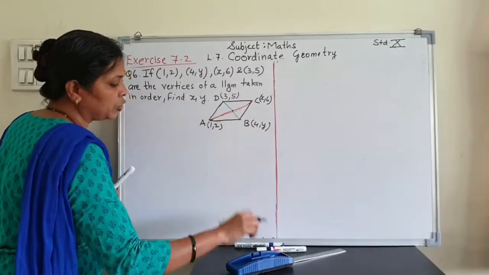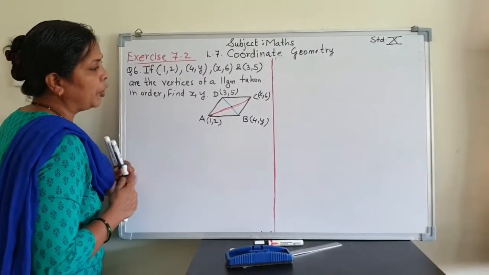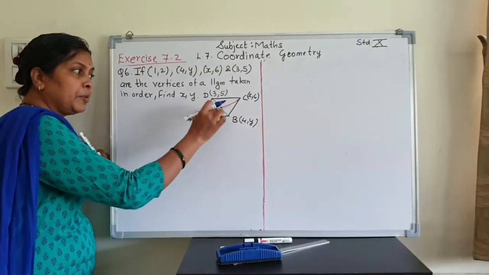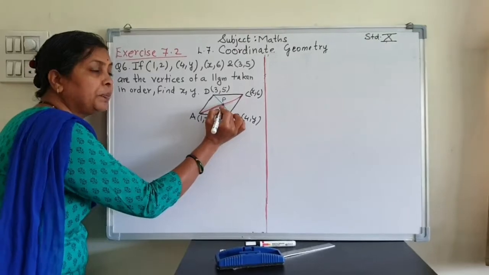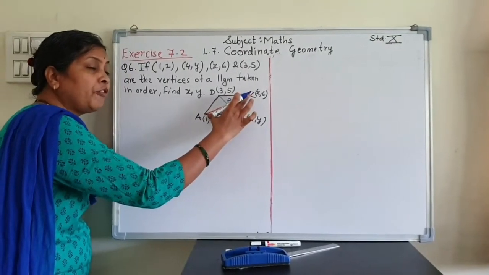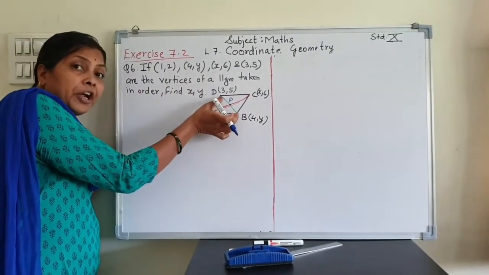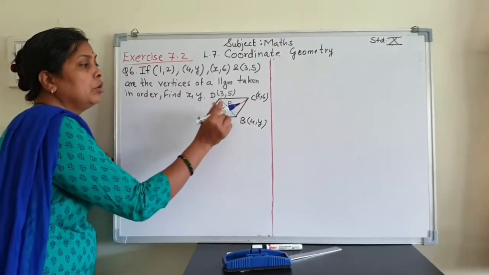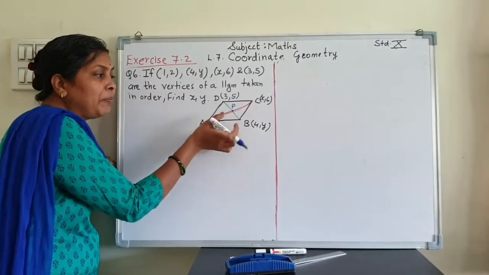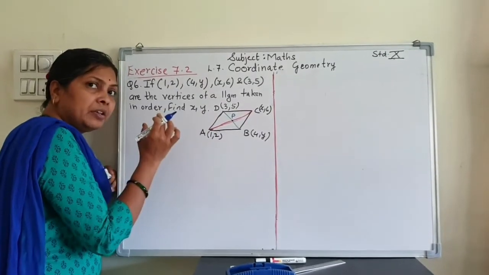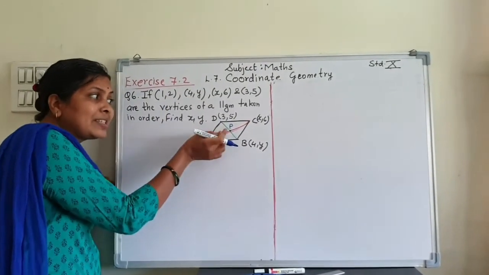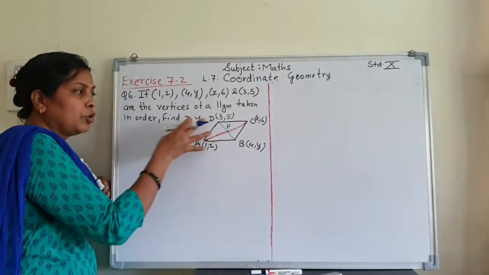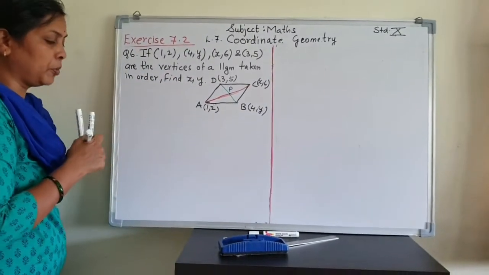So the point we get over here is point P. So this point P is the midpoint of AC as well as the midpoint of BD. So the coordinates of point P by taking midpoint of AC are equal to the coordinates by taking P as the midpoint of BD. So here we are using the midpoint formula.